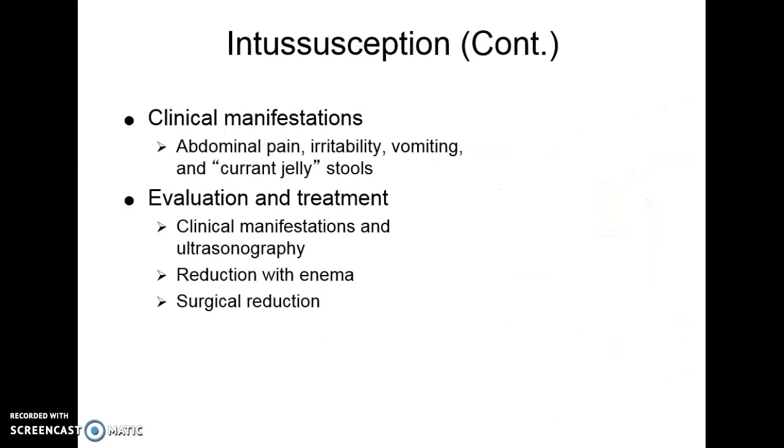All right, so clinical manifestations of this: abdominal pain, irritability, vomiting, currant jelly-like stools. In the infant, it's hard to narrow down why a child might be irritable. Abdominal pain, they're not going to really talk about abdominal pain. They're just going to cry and be irritable.